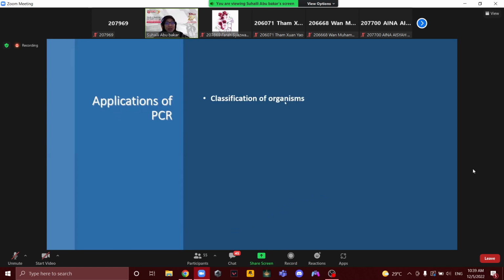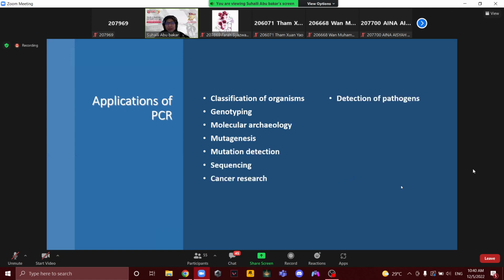Classification of organisms, genotyping, different lengths, we call it genotyping. Which version of the allele? Wild type, present, heterozygous? So that is the application of PCR. Molecular archaeology, so this is the list of applications.